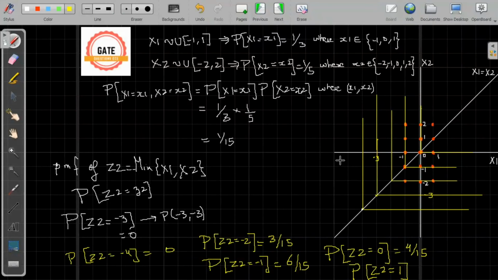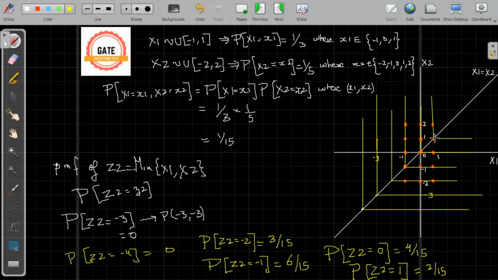So let's draw that boundary. So this probability will be equal to the sum of joint probabilities of these 2 points that are lying on the boundary corresponding to this case. So the answer will be 2 by 15.